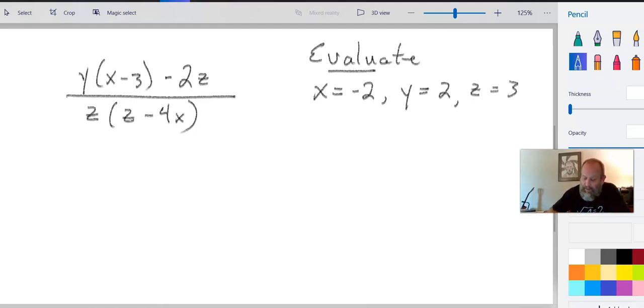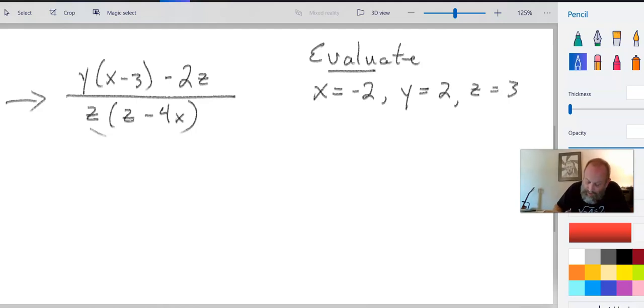Basically, what we're going to do is take these numbers and replace all the variables over here with the values that I've given them, right? So you can't evaluate unless you already know the values. Any homework problems you get for that, you'll be given the values to plug in. We just need to decide where they go. I'll put them in red, I think.